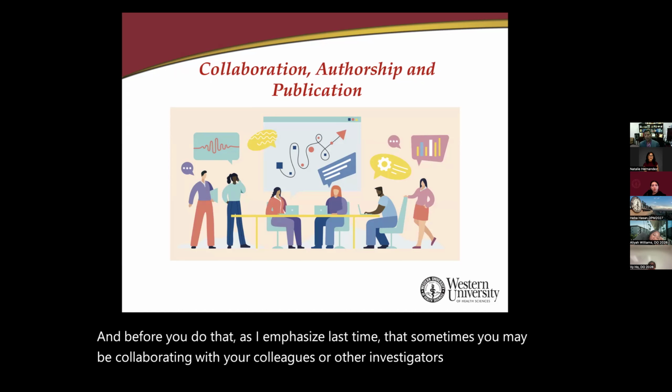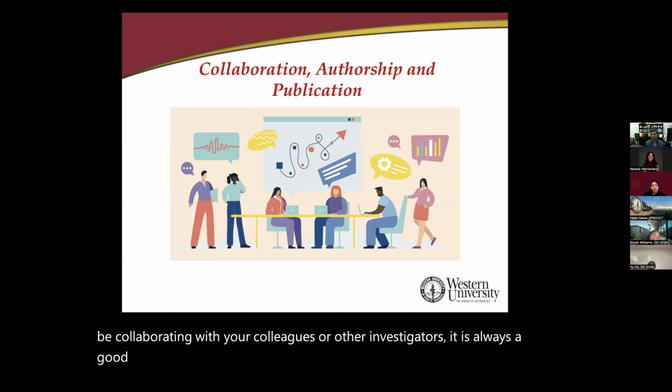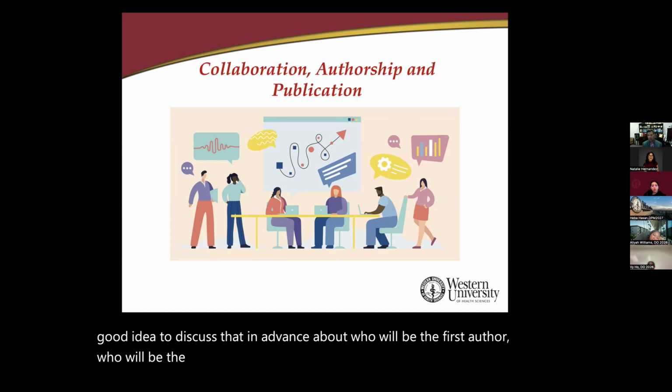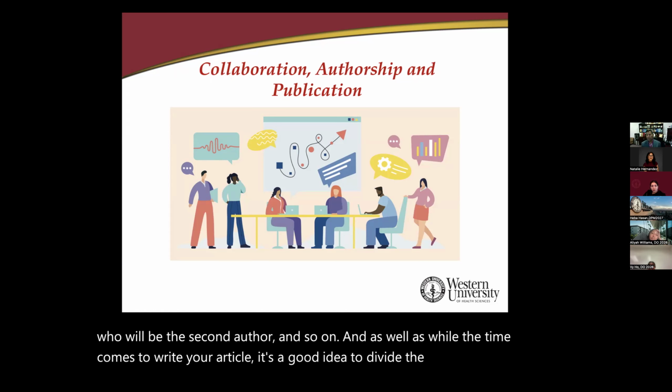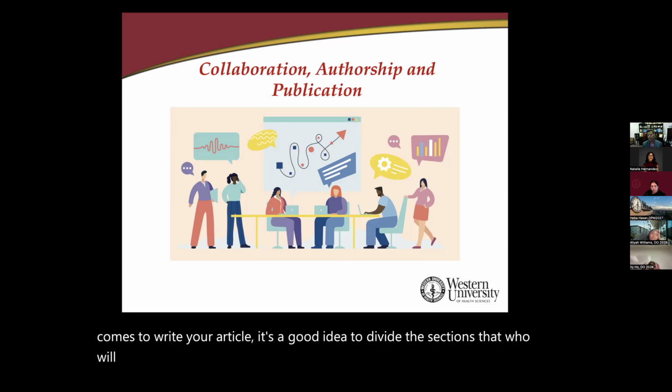It is always a good idea to discuss in advance who will be the first author, who will be the second author, and so on. And when the time comes to write your article, it's a good idea to divide the sections, deciding who will be responsible for writing which sections.